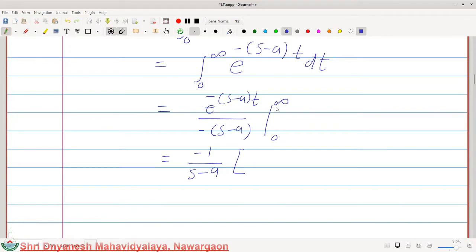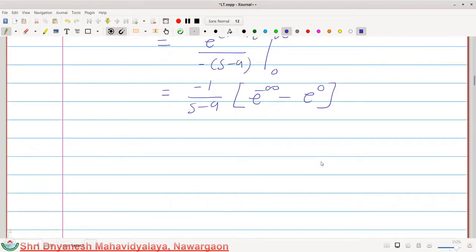So what does this function become at the upper limit? E to the power minus infinity, minus this function at the lower limit, that is e to the power 0. As we did earlier, what is e to the power minus infinity? This tends to 0 and this is 1. So 0 minus 1 is minus 1, and minus 1 into this minus 1 will be 1. So we get 1 upon s minus a.